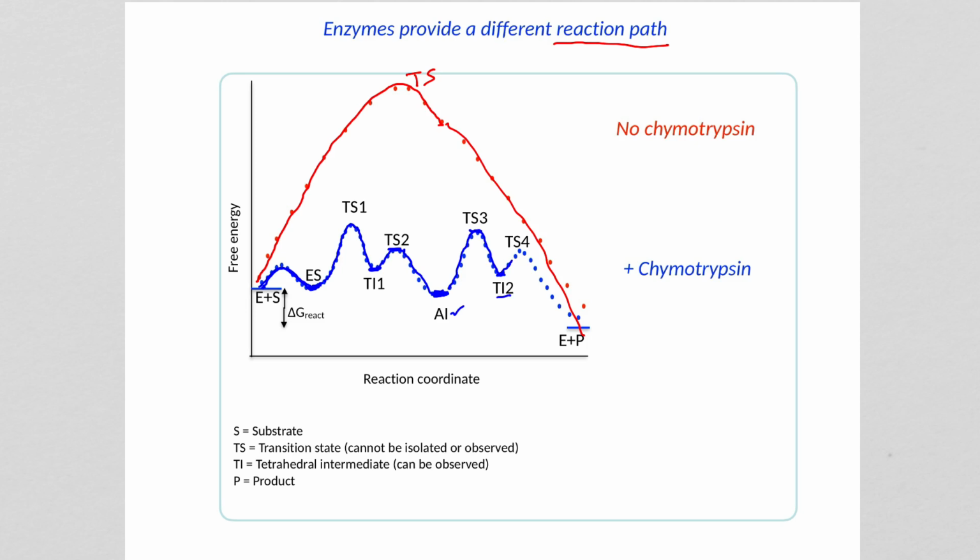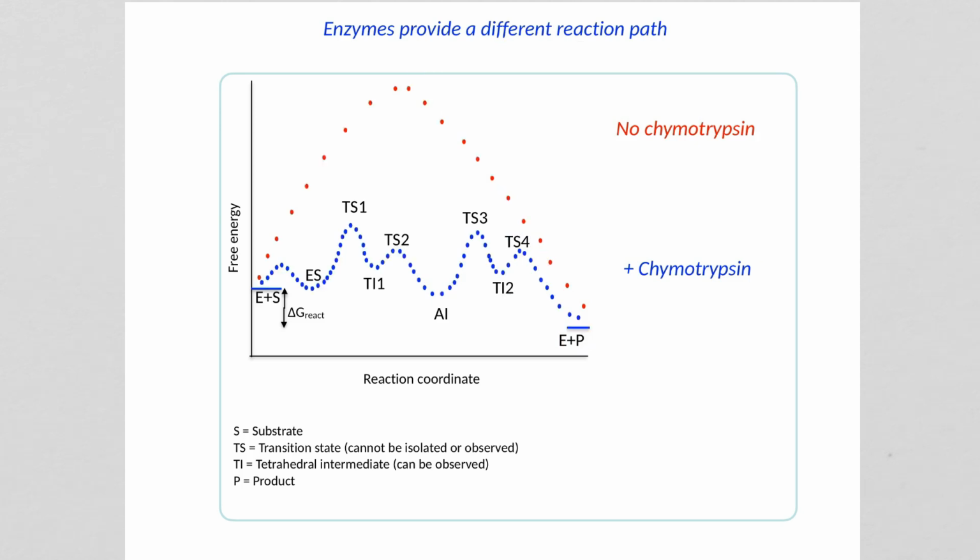And then before we form the products, there's another transition state that has to be overcome. The barrier has to be overcome, and then we finally get the products formed. So without the enzyme, the path is very different than with the enzyme.